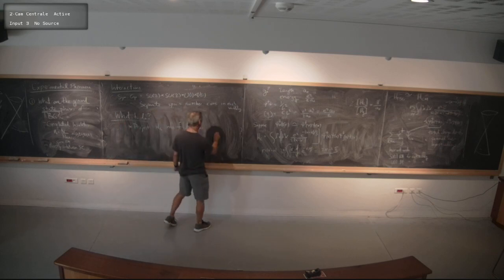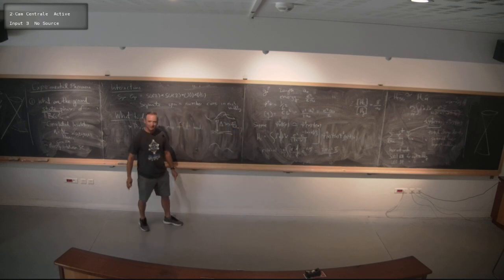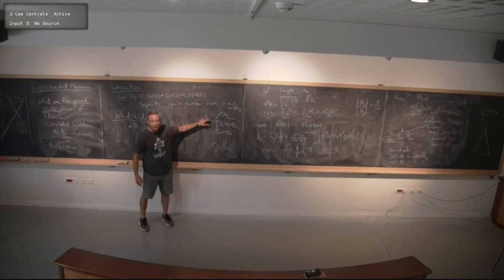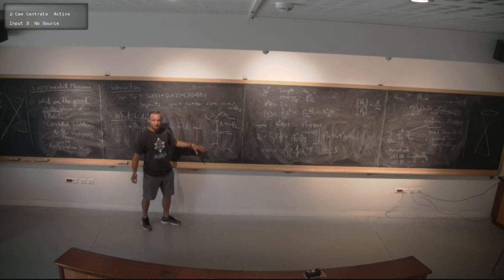The logic is that if you have some bands that are pretty flat, and then other bands up here and down here, and this gap is much bigger than the Coulomb energy, something like e squared divided by epsilon times the moiré length, then it's very hard for electrons to scatter from one band to another. This also needs to be big. We can throw out the occupied and the empty bands, and just focus on the flat bands.